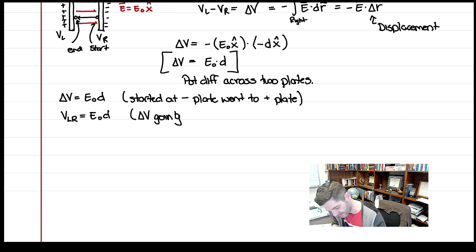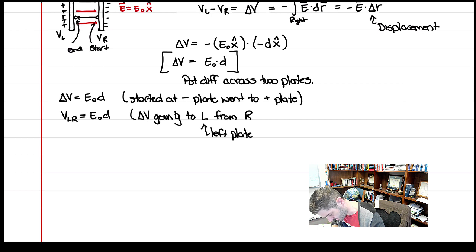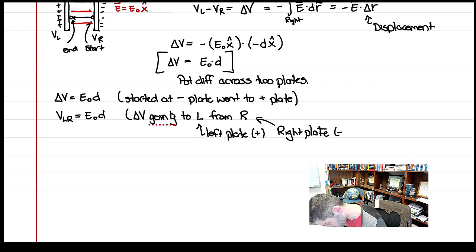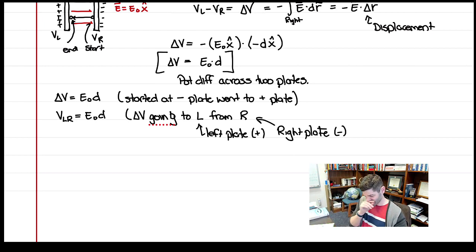You can think of it the same way, delta V going to the first letter, L, from the second letter, R. So going to the left plate, which is the positive plate, from R, the right plate, which was the negative plate. Or again, it's saying the left plate is at a higher potential.